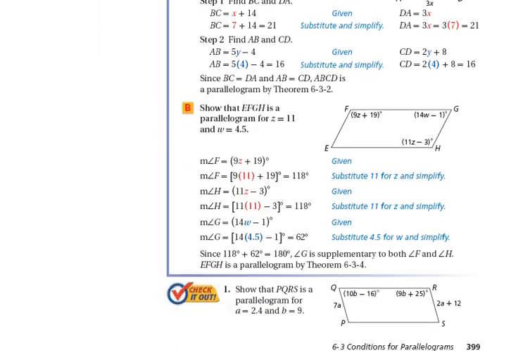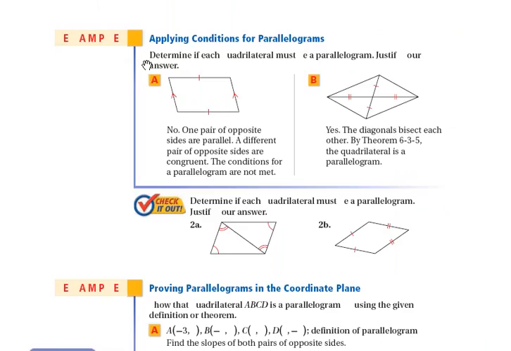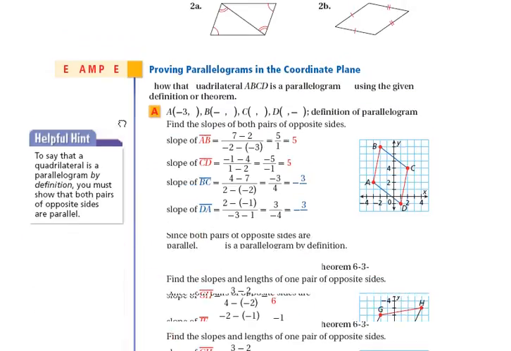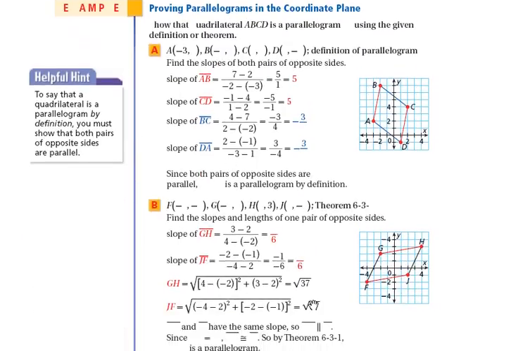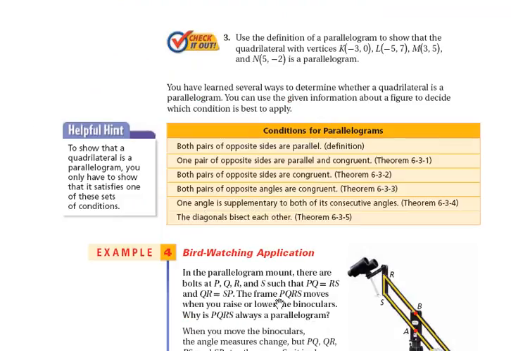Okay, continuing then, just a couple of other conditions here, and applying them, and just looking at a couple of examples here and determining yes or no these are parallelograms or not. And then some other proofs here as well that you can read through, and conditions for parallelograms summed up.